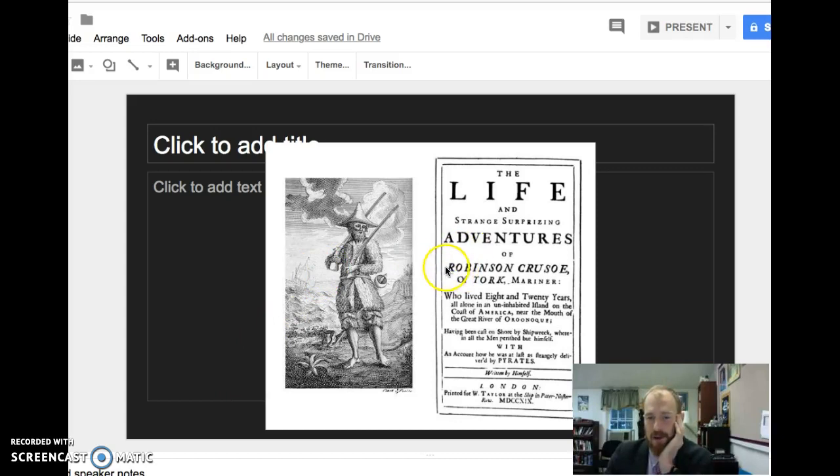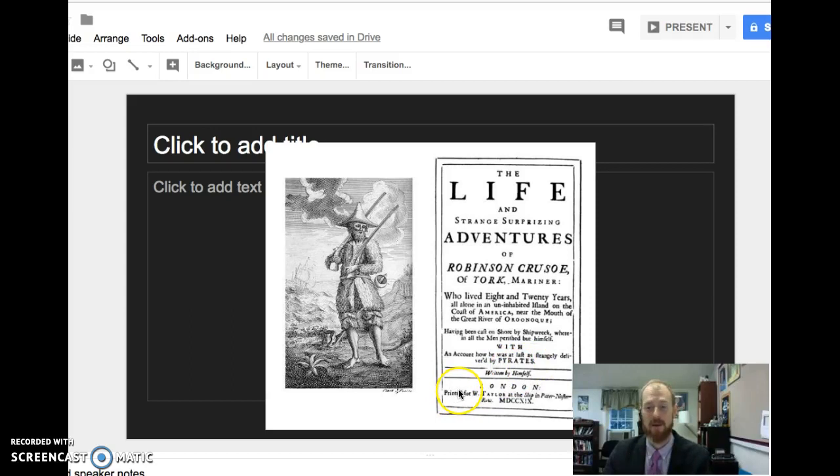But I like this one because most people have heard about the adventures of Robinson Crusoe and how he was shipwrecked and he lived for decades on an island, and he sort of wrote down his life story, and it was published just like this: The Life and Strange Surprising Adventures of Robinson Crusoe of York, Mariner, who lived 20 years all alone in an uninhabited island on the coast of America, near the mouth of the great river of Orunque, etc., etc., etc. Something about pirates.